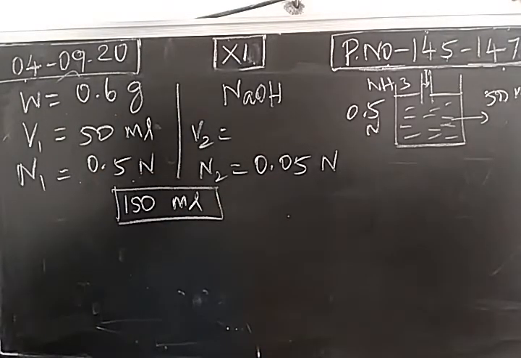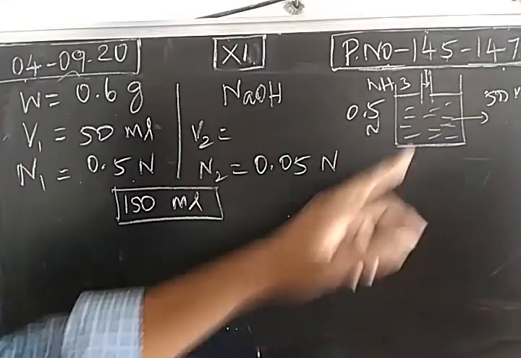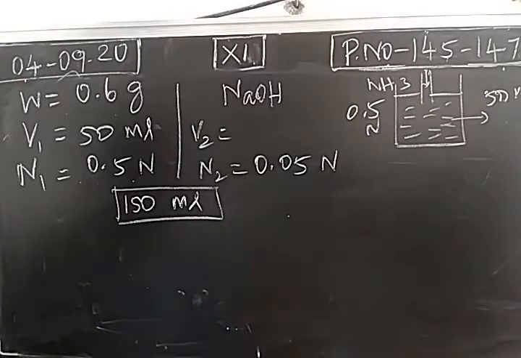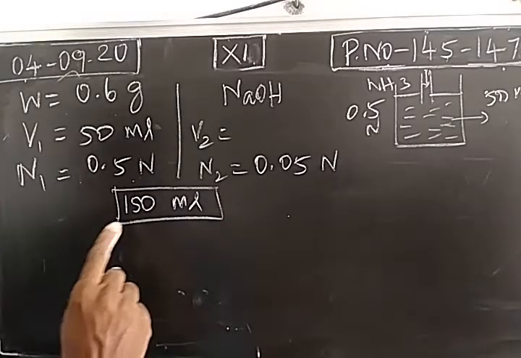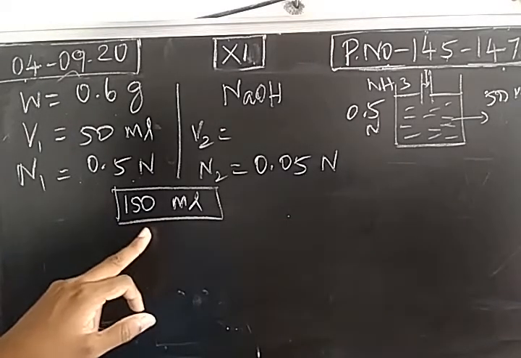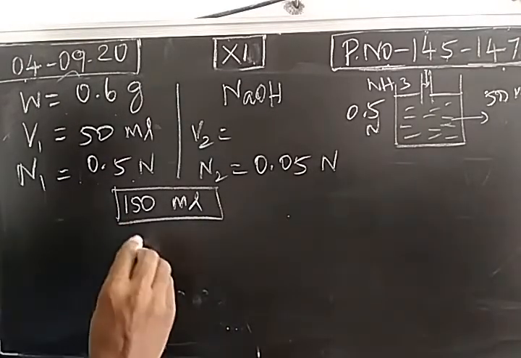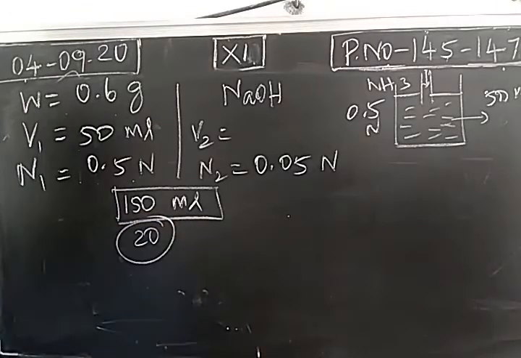Before titration, we dilute this solution. The unreacted sulfuric acid is diluted using distilled water, and we made the volume 150 ml. Then from this 150 ml, we take 20 ml solution.